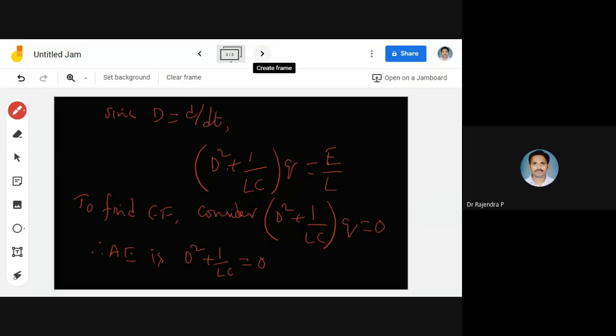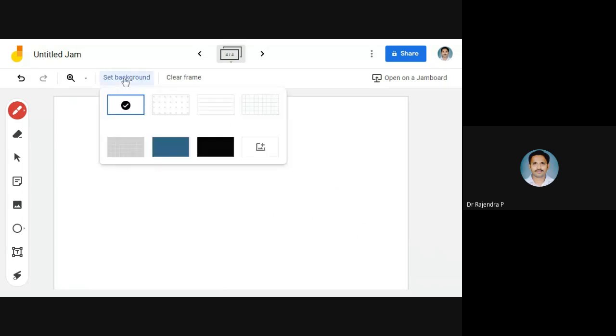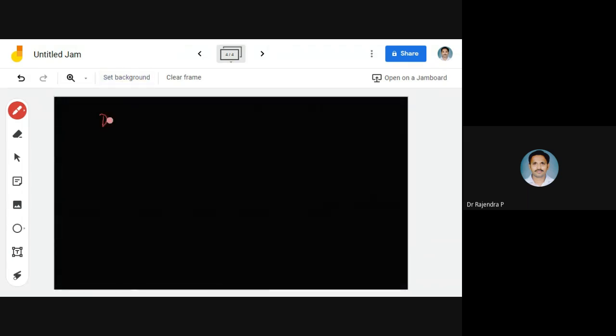So what I'm going to introduce now, this 1 by LC, which is some constant, we are treating as some lambda square, denoting it as lambda square. Okay. Just to make our calculation simple, I'm denoting lambda square is equal to 1 by LC.